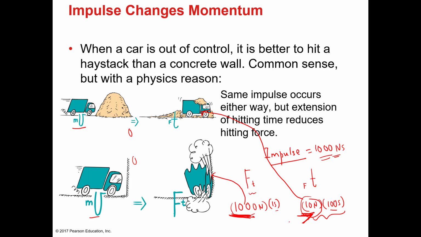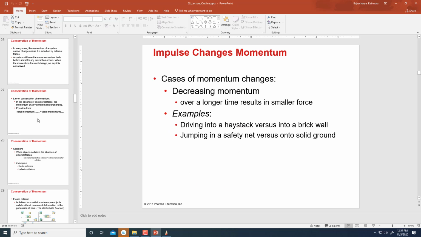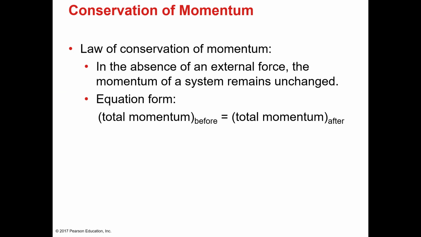So we talked about that, and we also talked about conservation of momentum. Okay, so conservation of momentum is when two objects, for example two cars or two trucks or whatever, they collide with each other.